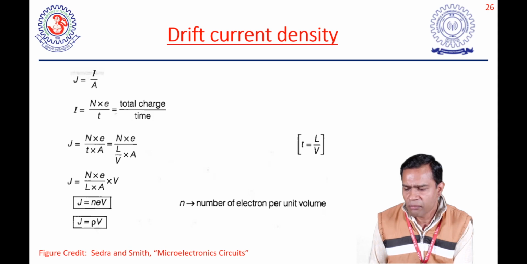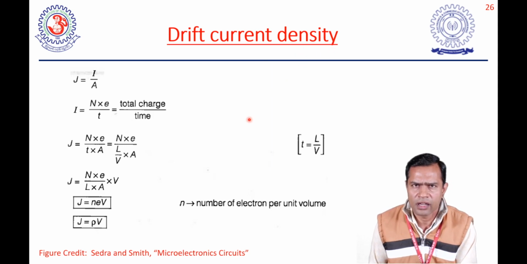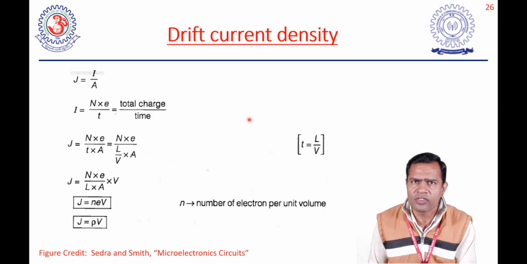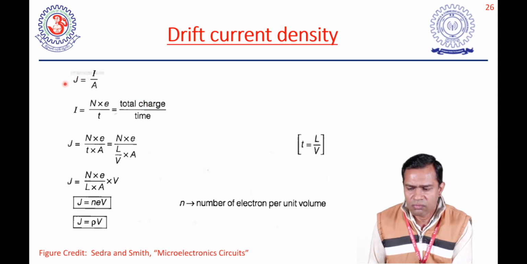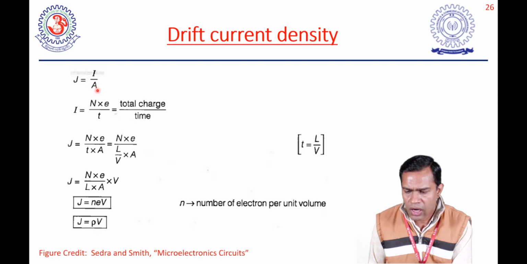Now this one is very important, drift current density. If we talk density, it means per unit area. Current density means per unit area, or if we talk charge density, it means per unit volume. Here a very simple formula: current density is given by current divided by area. Area is denoted by A. Current is charge per time.